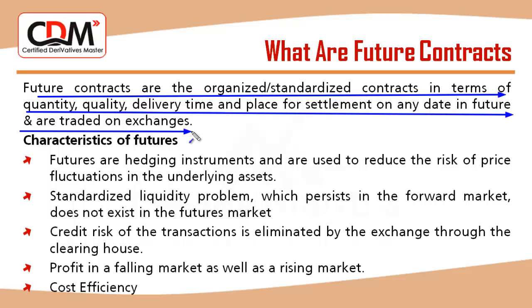So today is 10th of January. They agreed to trade a contract on a particular day, that is 30th of January. They both agreed on the same day and same quantity. Mr. B is going to sell 100 shares of Tata Steel to A on 30th of January, and Mr. A is going to buy 100 shares of Tata Steel on 30th of January. So this is a standardized contract, or an agreement between a buyer and a seller.